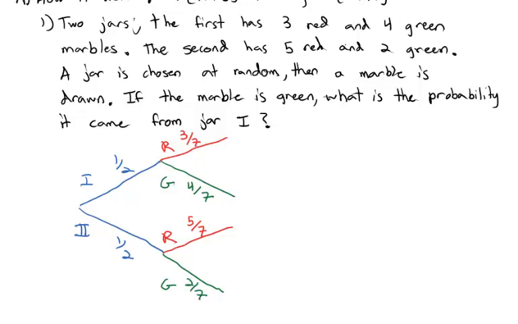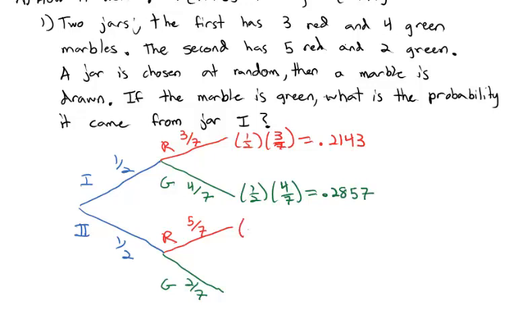We can then multiply down the branches to find the individual probabilities. The probability we get a red from jar 1 is 1/2 times 3/7, which is 0.2143. To get a green out of jar 1, the probability is 1/2 times 4/7, which is 0.2857.